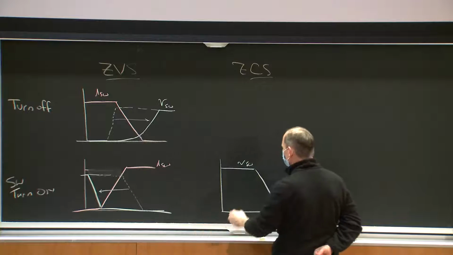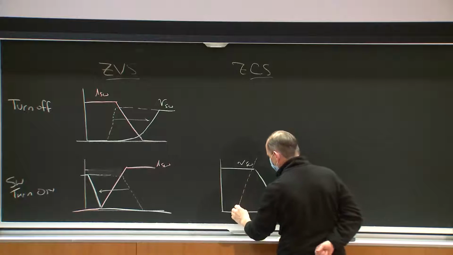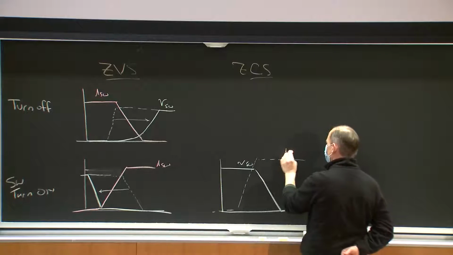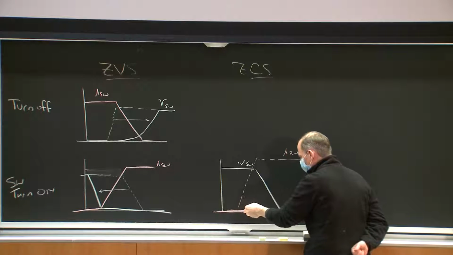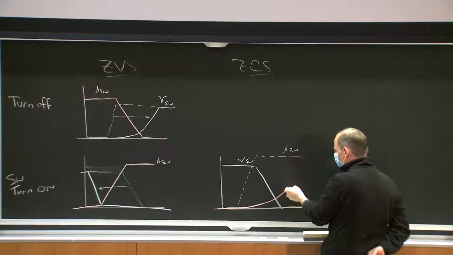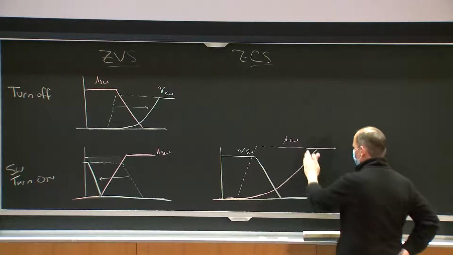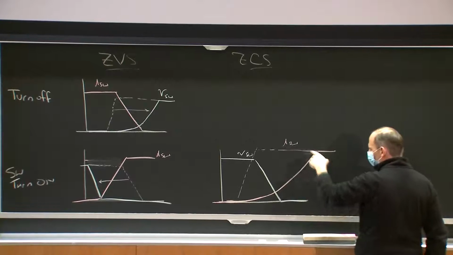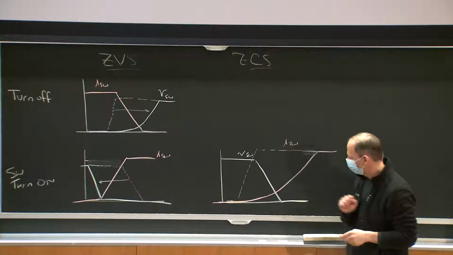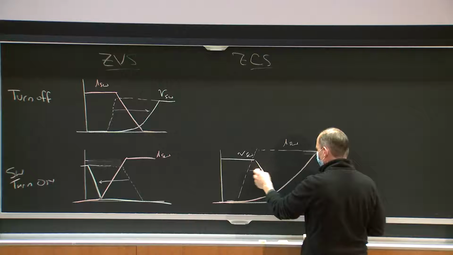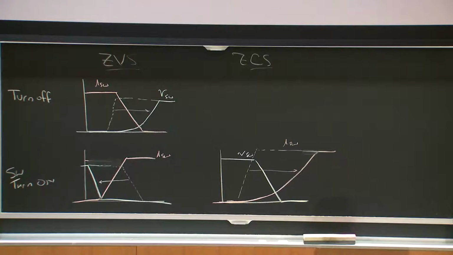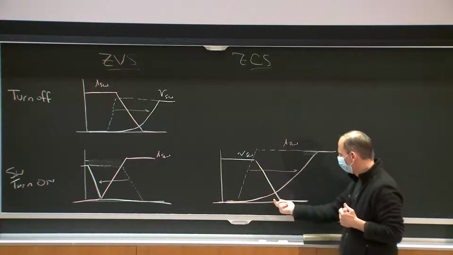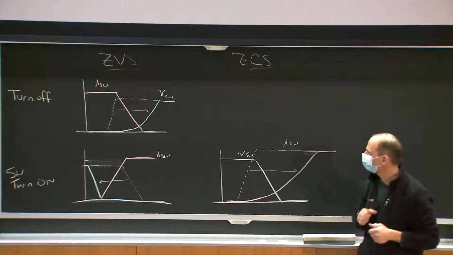Normally the switch current would rise before the switch voltage falls, but maybe I can delay that somehow and really reduce this overlap between turn on and turn off. One way to do this delay is to put an inductor in series with the device. When I turn it on, the inductor takes up the voltage, and hence we can have low voltage while the switch is still turning on.